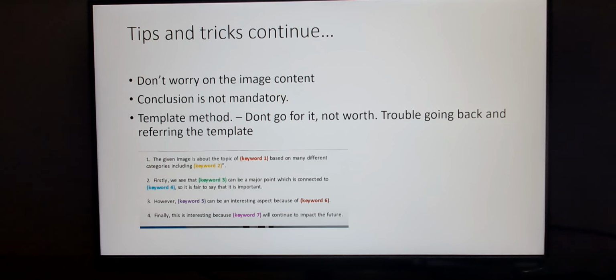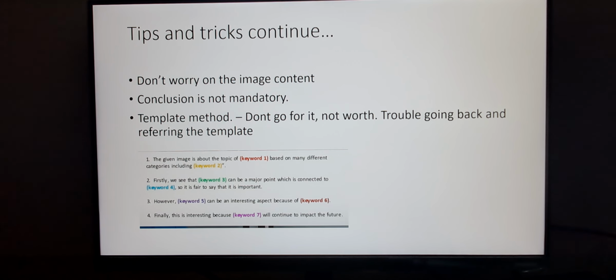You start with the given image is about the topic of, then you look at the picture and come back, then you look at the second keyword and come back, and that's where you are pausing your answer, and that's where PTE is cutting your marks and not giving you the full marks.